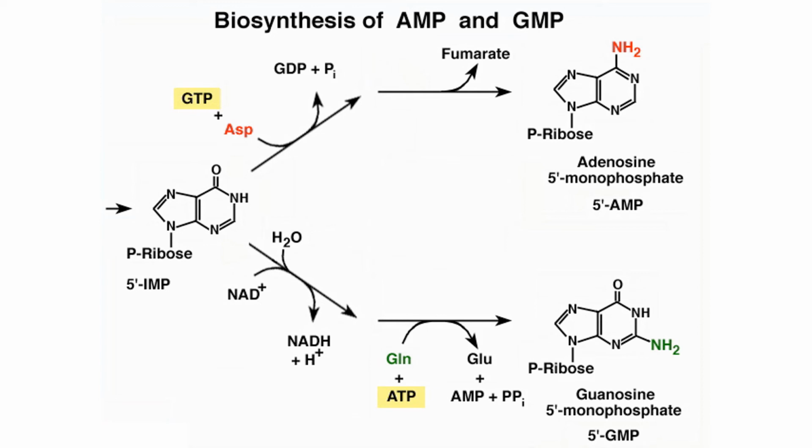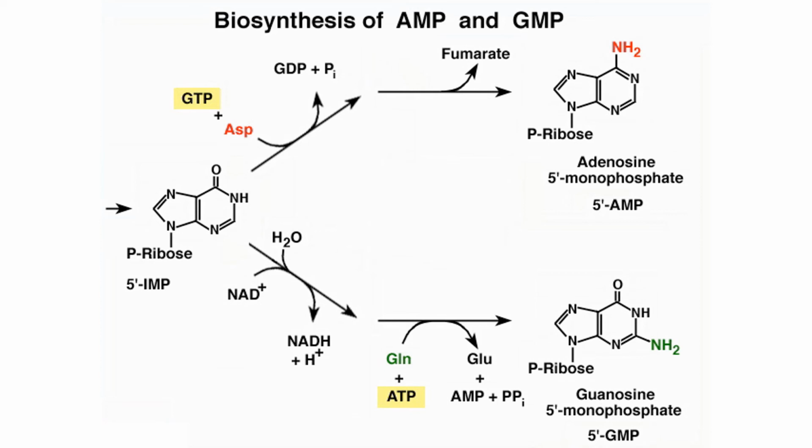involves aspartic acid and GTP hydrolysis. So the GTP hydrolysis is going to provide the energy to drive this reaction. Also, we need the phosphorylated ribose.